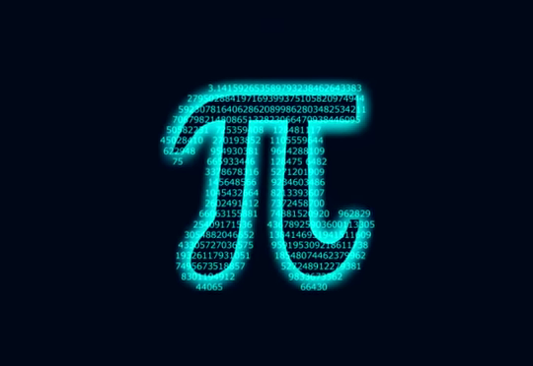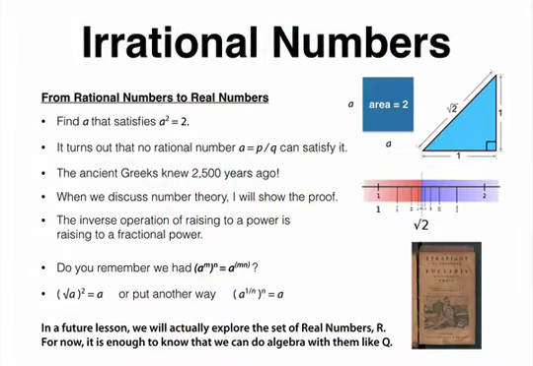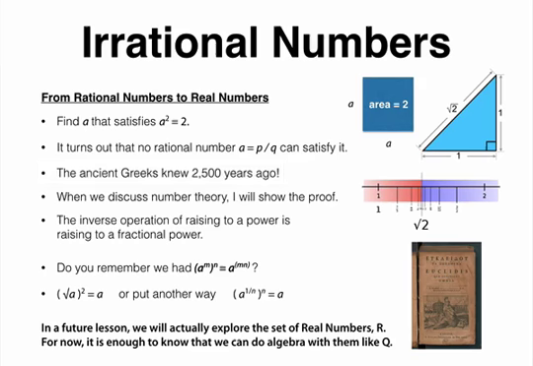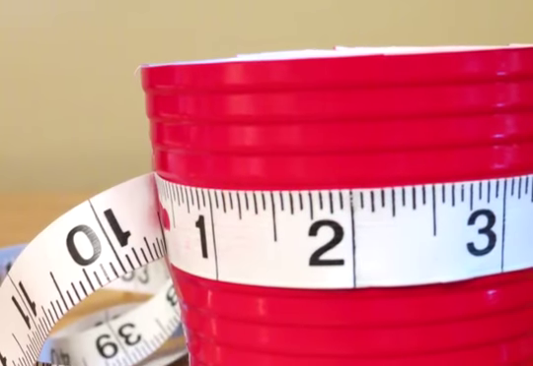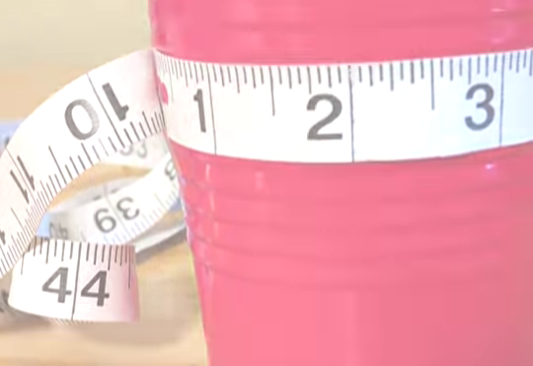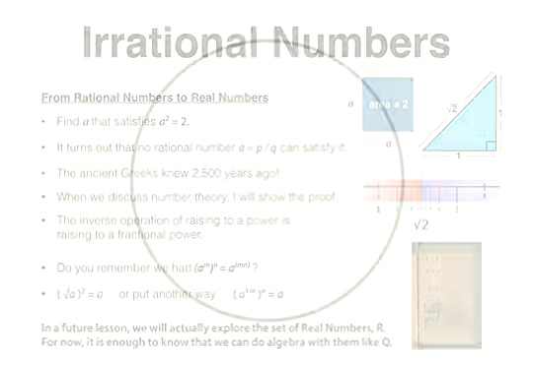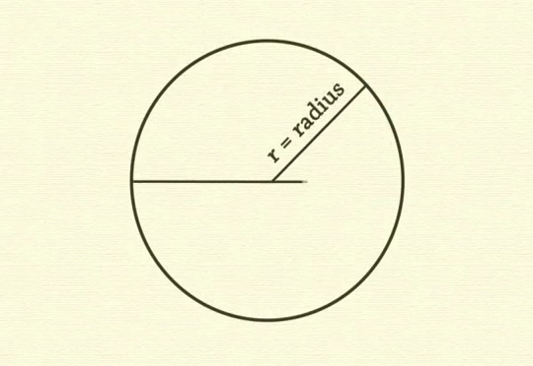Pi is the area of a unit circle with radius 1. Its circumference is 2 pi, okay? And the Greeks knew this as well, over 2,000 years ago. And it turns out that pi is irrational also, which means if you take a tape measure and you've got a cup and you measure around that cup, the circumference, whatever number you get, let's say exactly 1 inch around or exactly 5 inches around, that unit, no matter how you subdivide it, won't be able to measure the radius.